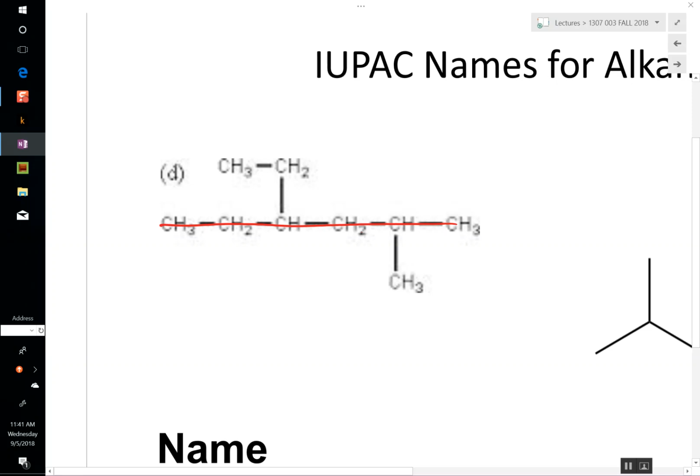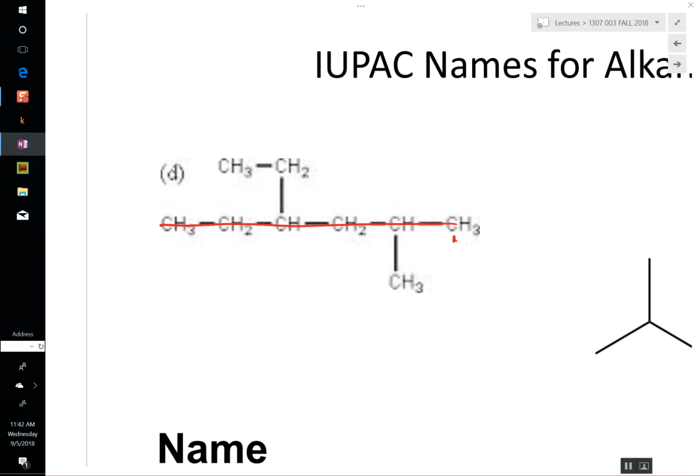That's 6. And it wouldn't matter. Let me just show you. So where's carbon number 1? On the left or the right? Right. This is carbon number 1. And some of you already know what I just said. The most common error is to think that's carbon number 1.